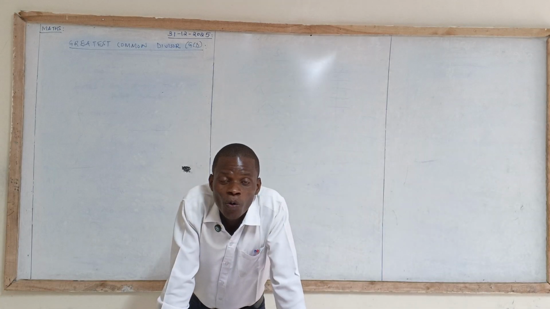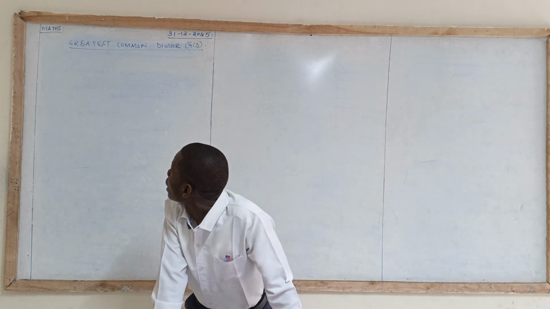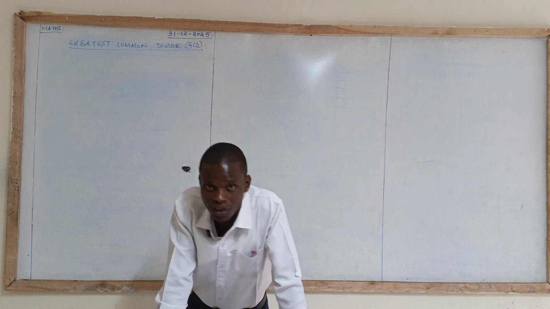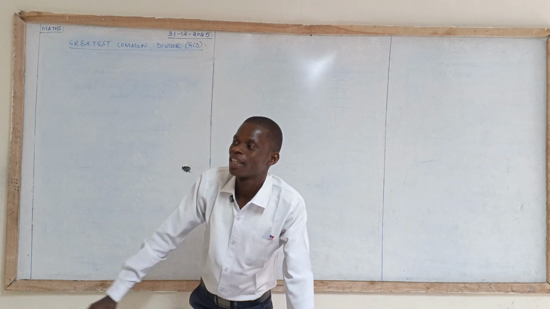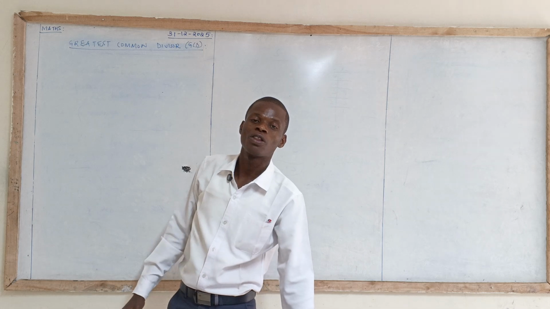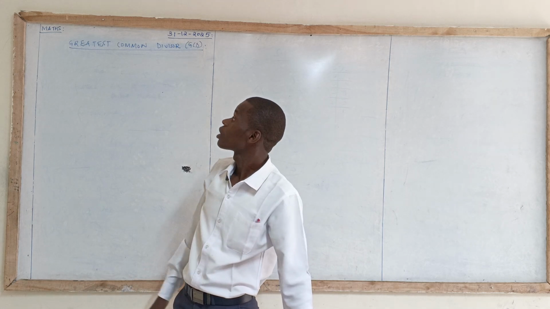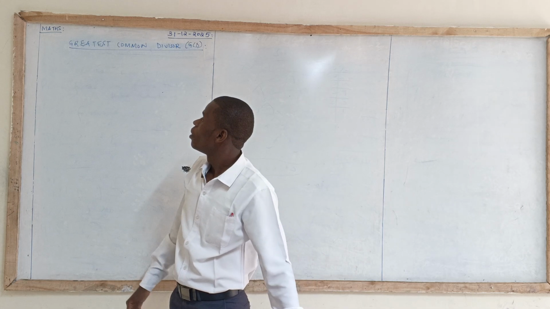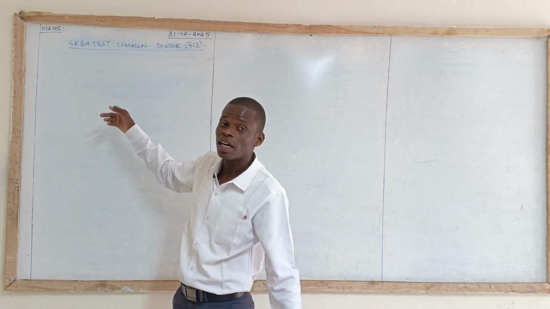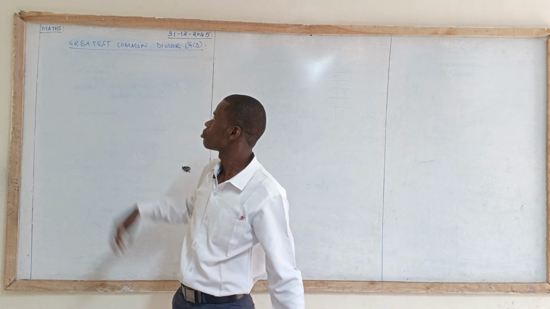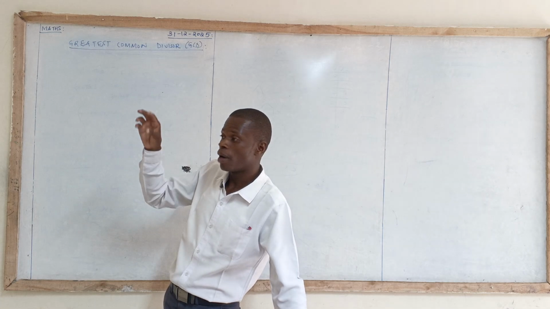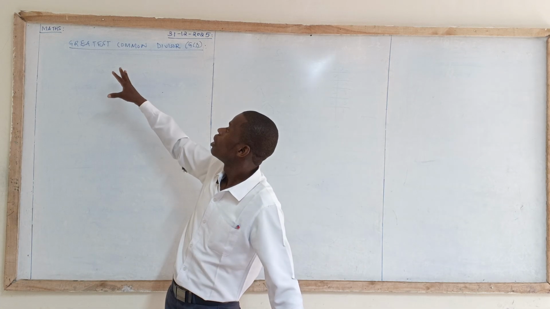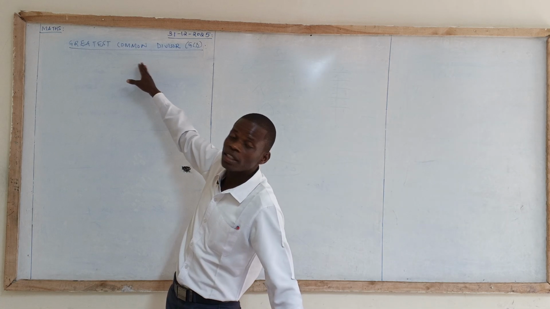Now, what do we have on the board? Greatest common divisor. We are very close to ending this foundation of mathematics. This is our third last lesson, greatest common divisor.